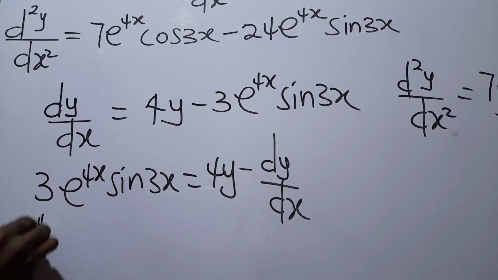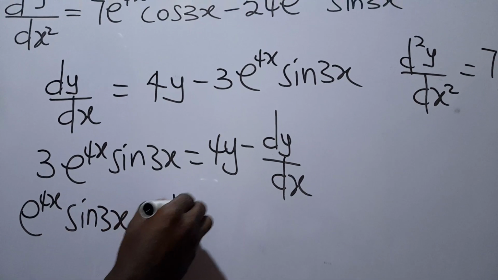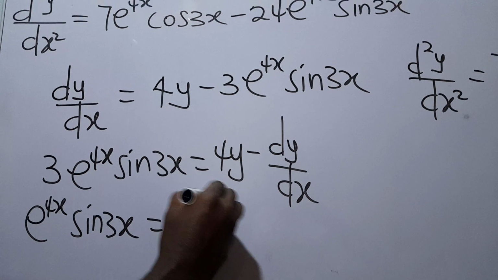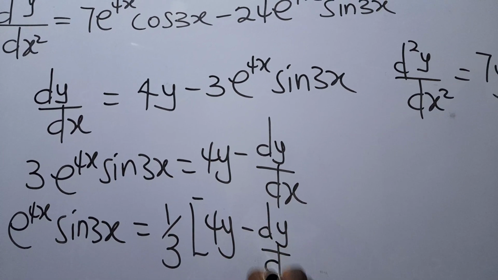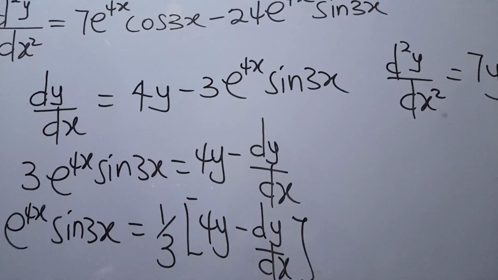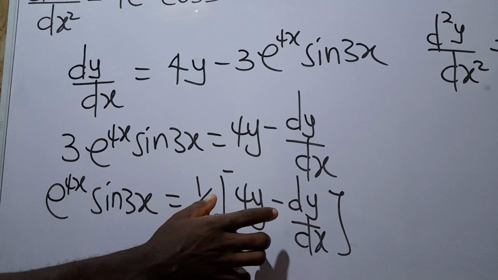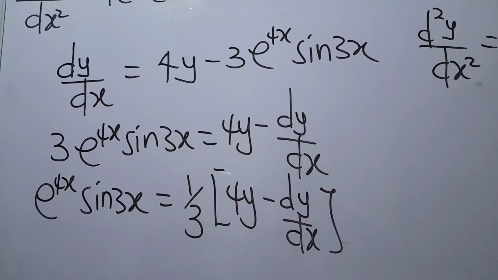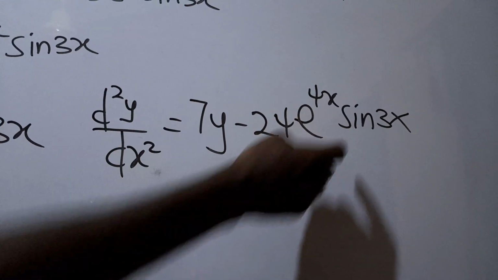So I'll get e^(4x) sin 3x is equal to 1/3 (4y minus dy/dx). That's dividing both sides by 3. So I realize that my e^(4x) sin 3x is 1/3 (4y minus dy/dx). I'll substitute it in place of e^(4x) sin 3x here.